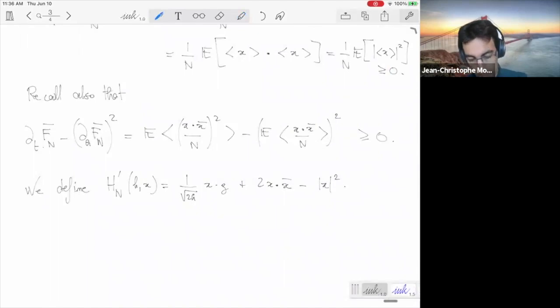So yeah, maybe I'm going to again recall some of these calculations of above. So recall also dh of fn is the bracket of hn prime divided by n.